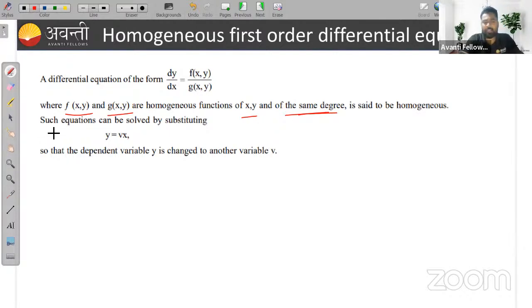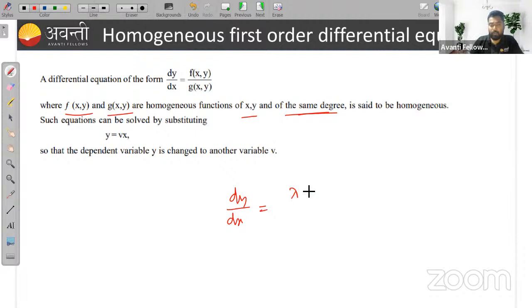So this is simple. Same degree means, if you have dy by dx is equal to f of xy upon g of xy, how will you check?